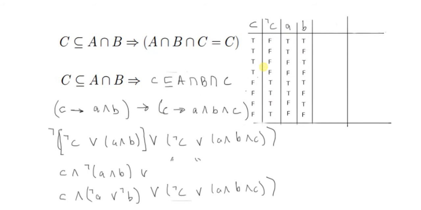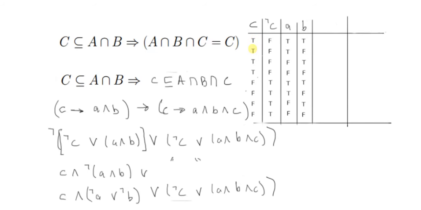And then we have A and B. So there's three variables, A, B, and C. So that's going to have 2 to the 3, or 8 rows total. And then we'll have a column for each variable. And I included an extra column for not C. Not C meaning not C, not the National Socialist Party.